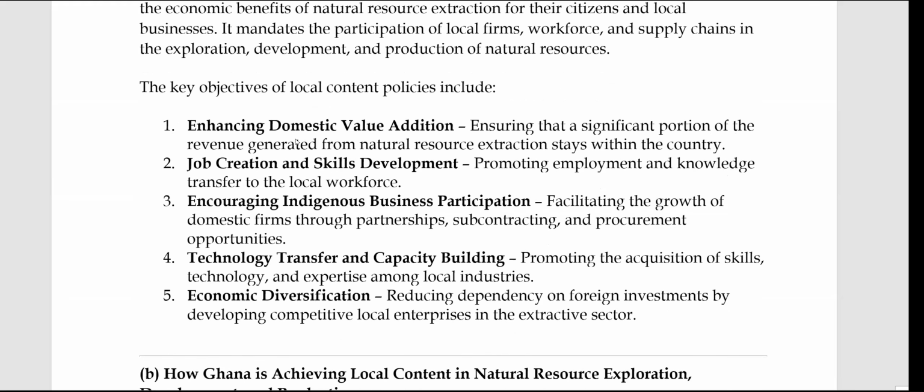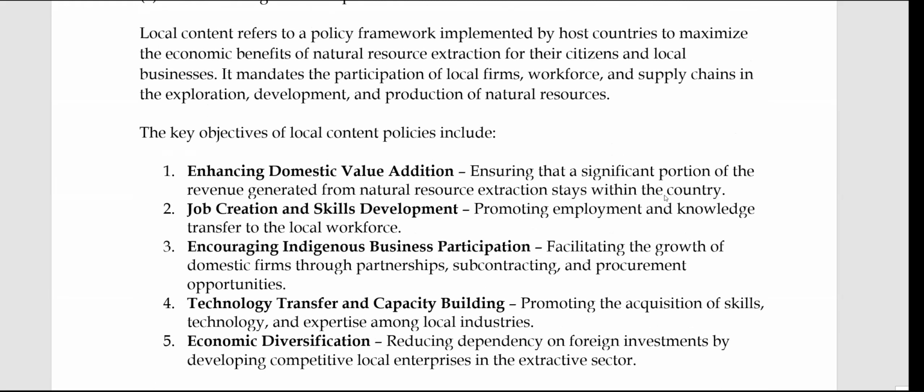So what are the key objectives of the local content regulations or policies? It mandates the participation of local firms, workforce, and supply chains in the exploration, development, and production of natural resources.